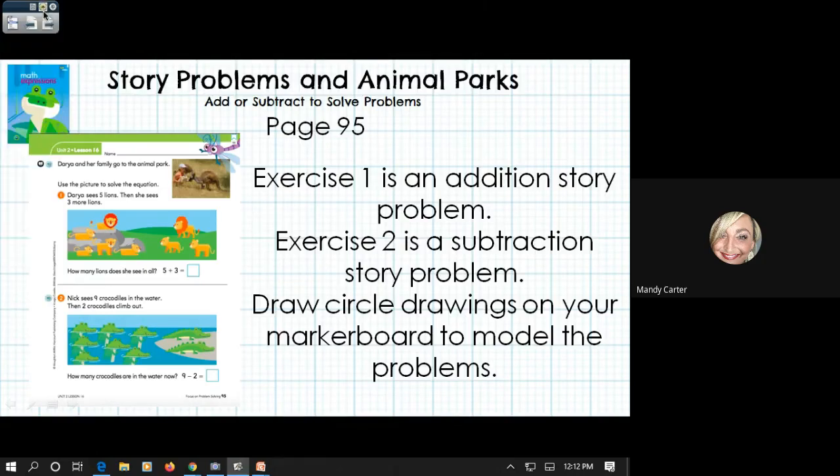So boys and girls, you're going to have the opportunity today to work through some addition and subtraction story problems in your workbook. On page 95, you're going to be looking at a situation where you have some and you're getting some more, but then you're going to also have a situation where you have some that are leaving.